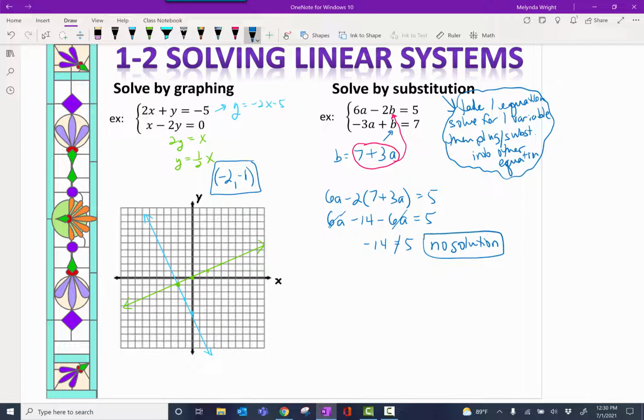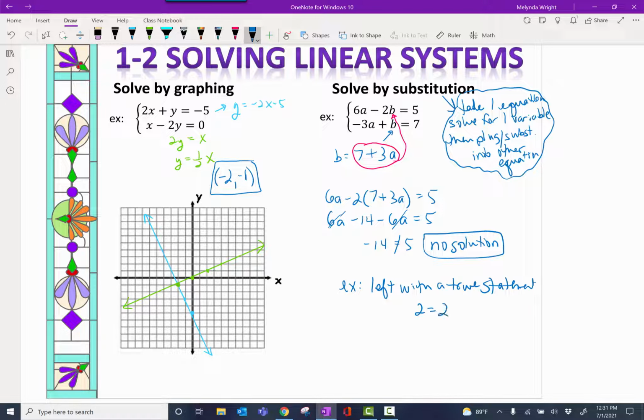Now let's look at another option. Just an example, this isn't this problem. What if you were left with a true statement, like 2 equals 2? If you remember, if you're left with a true statement, then that means there are infinitely many solutions.